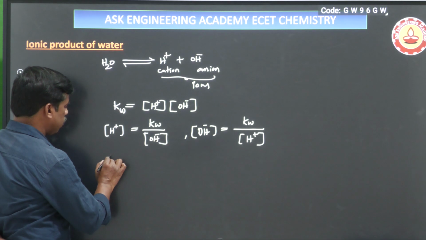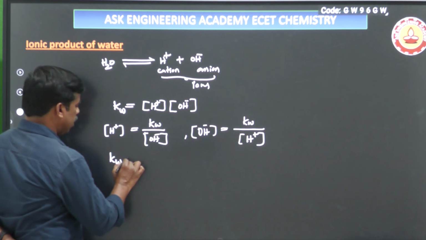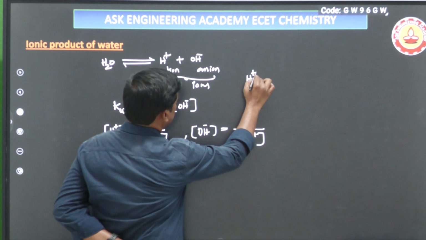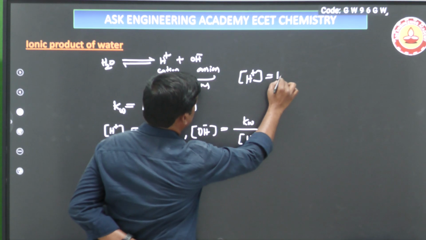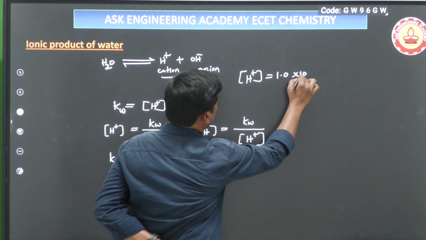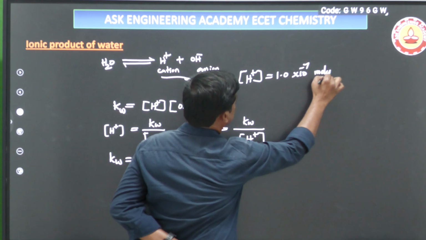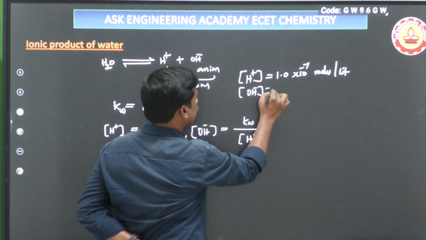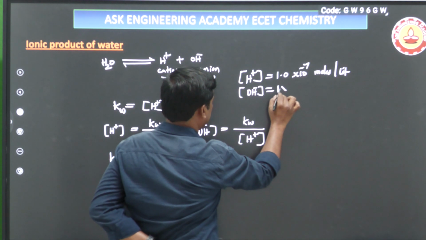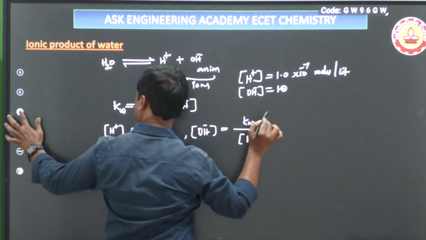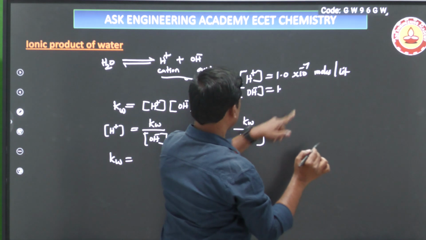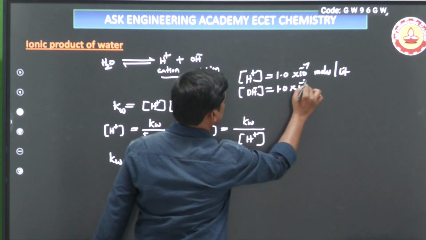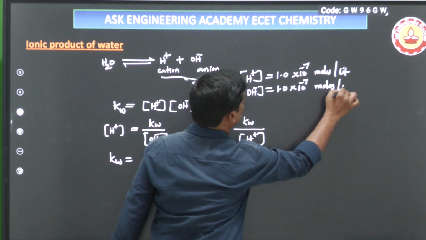Okay, here what is the exact value of the ionic product Kw? Here the H plus concentration I am giving as 1.0 into 10 to the power of minus 7 moles per liter, and the OH minus concentration is also the same, 1.0 into 10 power minus 7 moles per liter.